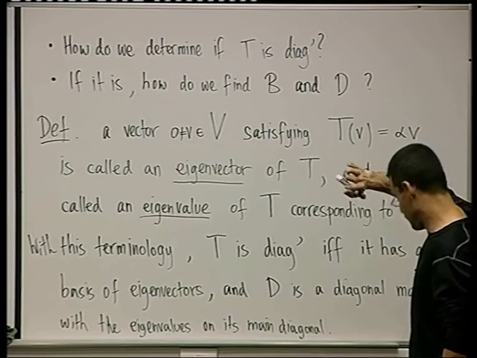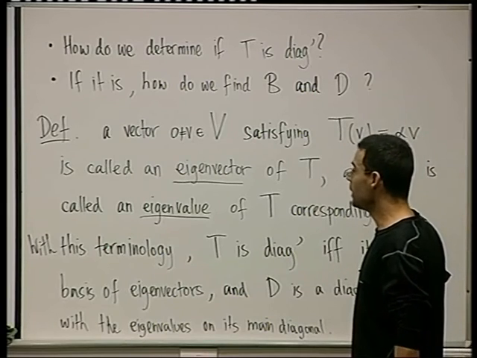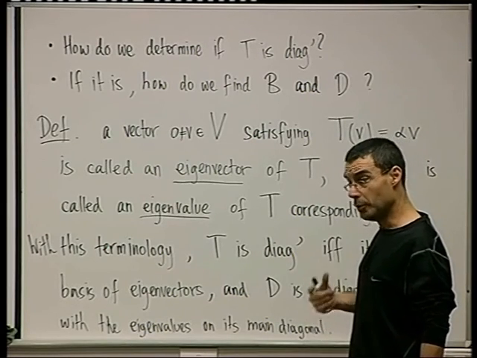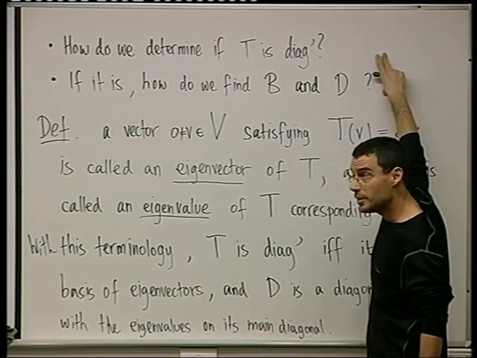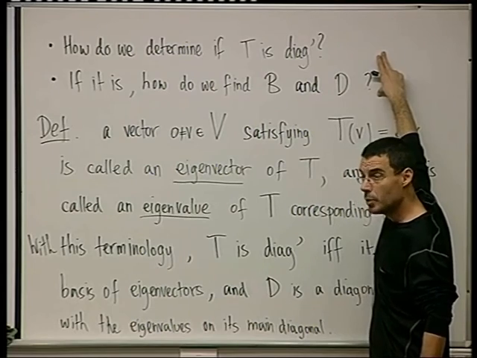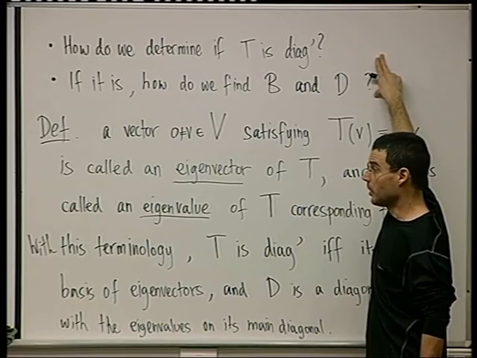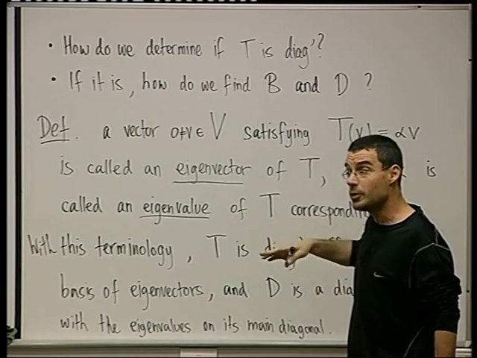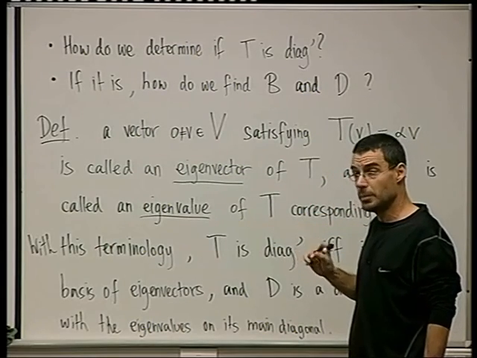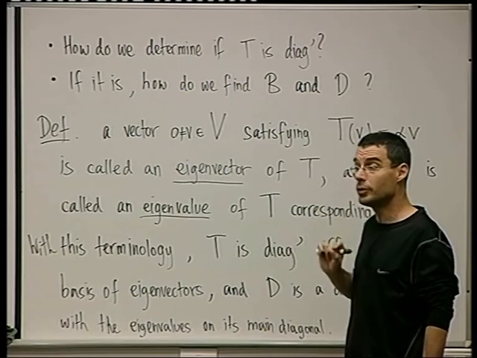So this is the framework. This is the entire story. Now we want to prove some theorems that answer these two questions. And I want to start with an example that starts with a matrix. The first example is going to be very simple, a 2x2 matrix.